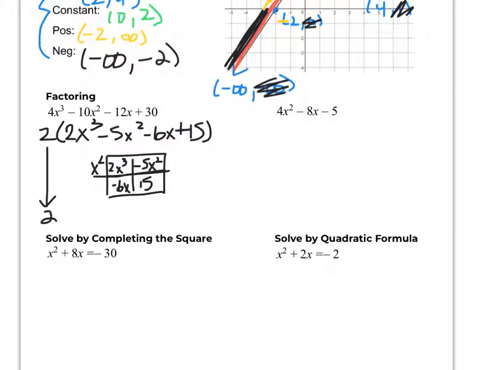What times x squared is 2x cubed? 2x. What times x squared is -5x squared? -5. What times 2x is -6x? -3. So that factors to x squared minus 3 times 2x minus 5.